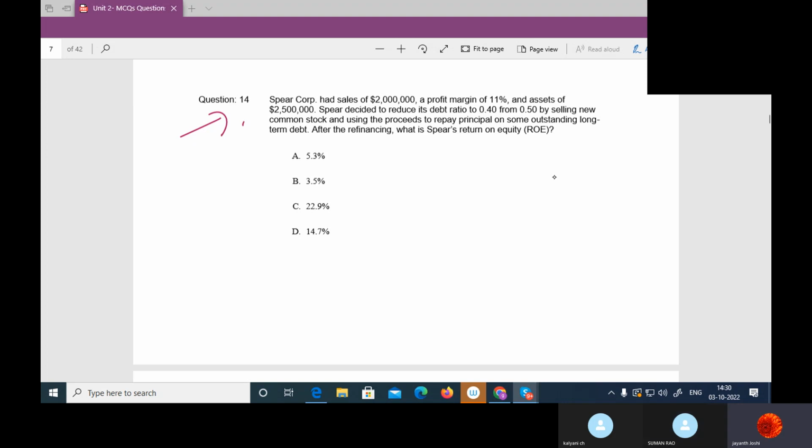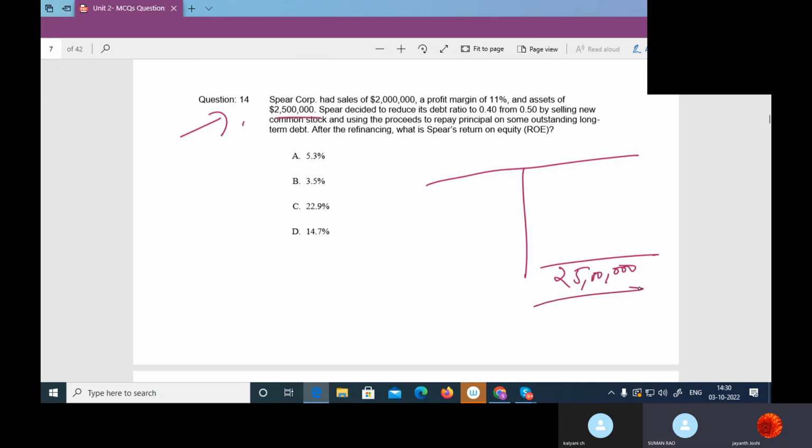For such kinds of questions, this is the balance sheet. What did they give you? They gave you assets of 25 lakhs, the total of assets. The company decided to reduce its debt ratio to 0.40 from 0.50.